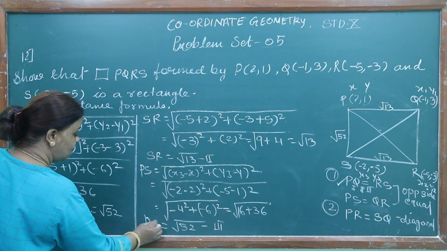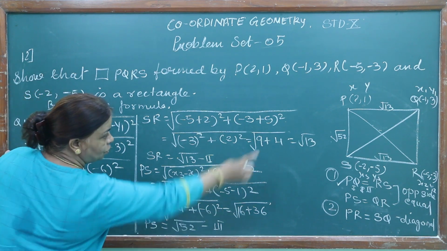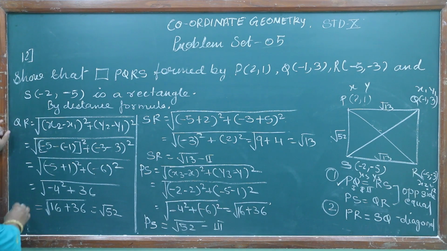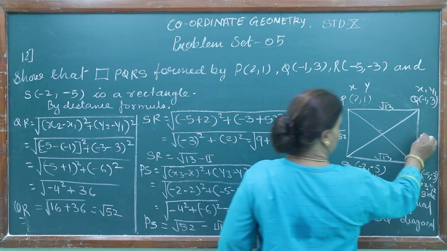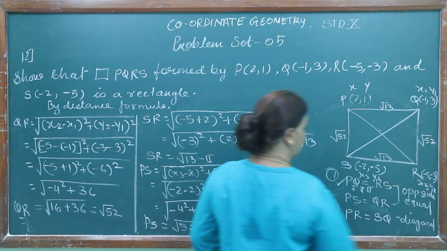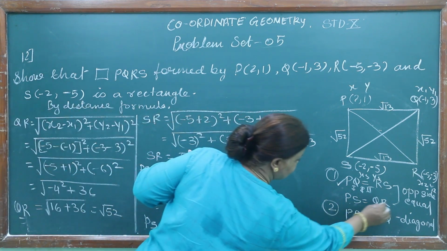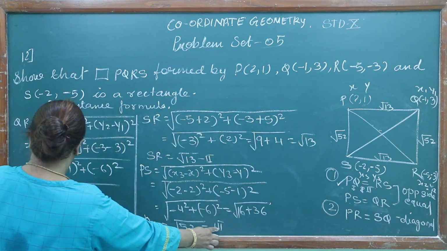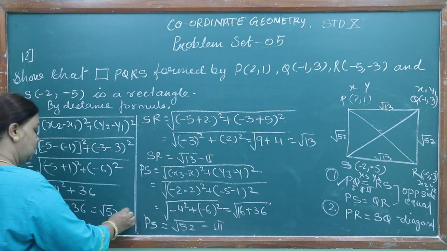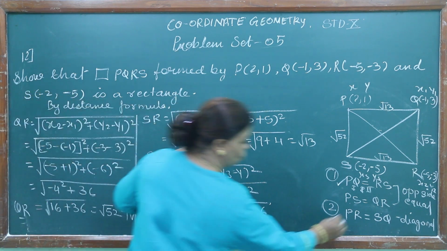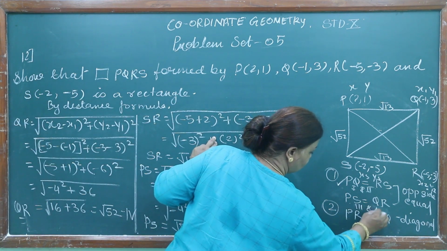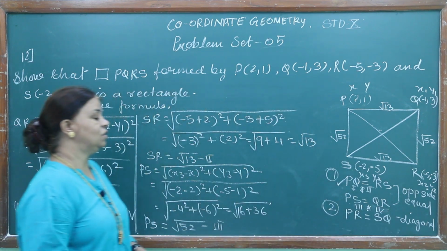So PS we have already got as under root 52, and now QR also we got as under root 52. So opposite sides are equal. So we can say PS is equal to QR. See children, PS is equal to QR from third and fourth. This is the fourth statement. So from third and fourth we can say PS is equal to QR.